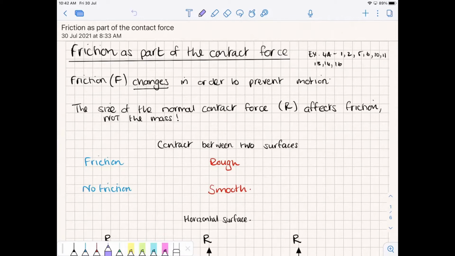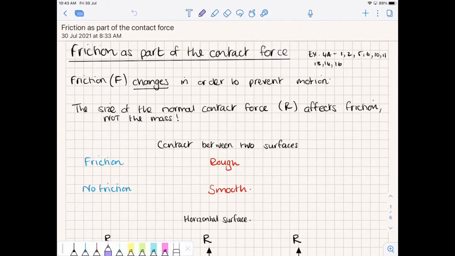So if we consider something simple like a table, and an object standing on a table, and the object is not moving, and there's no horizontal forces, there's obviously no friction. That makes, I hope, makes sense. If we apply a force onto the object from the horizontal direction, the friction will try to prevent the object from moving.